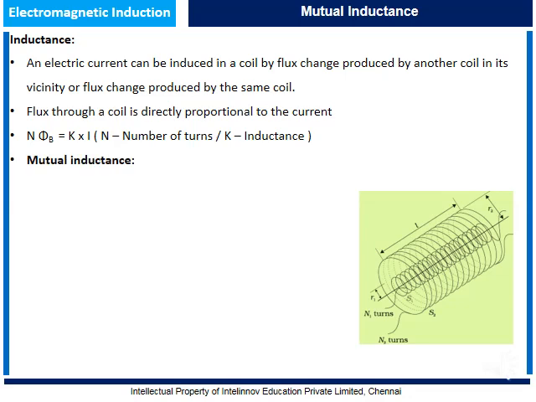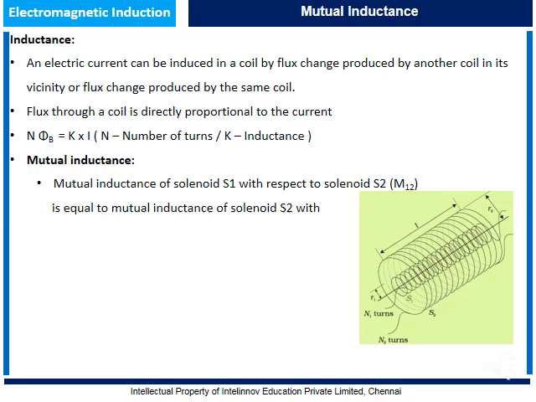Mutual inductance of a solenoid S1 with respect to solenoid S2 is equal to mutual inductance of solenoid S2 with respect to solenoid S1. That is, mutual inductance in solenoid S1 due to the presence of solenoid S2 is equal to mutual inductance of solenoid S2 due to solenoid S1. Both are equal.